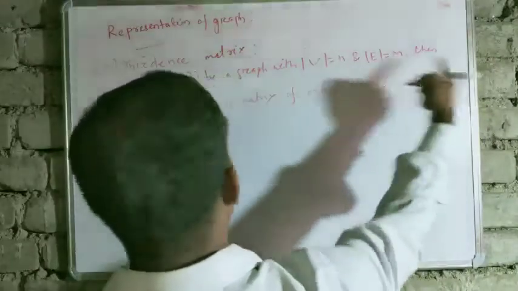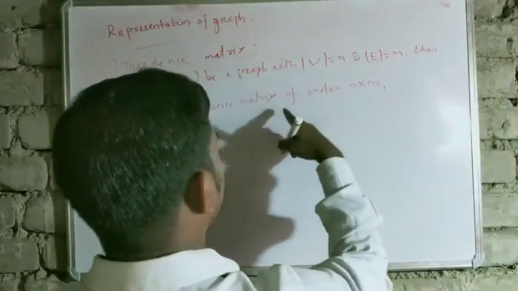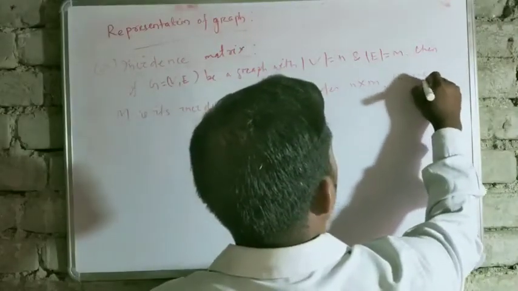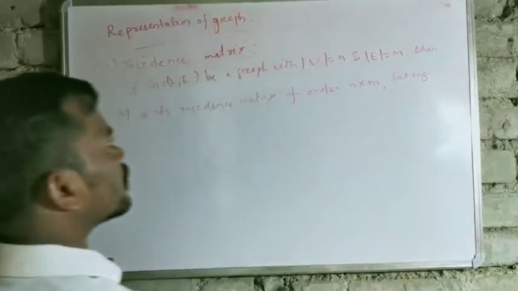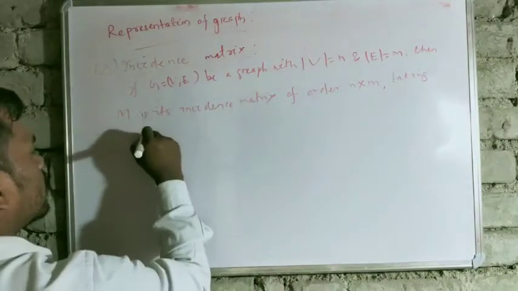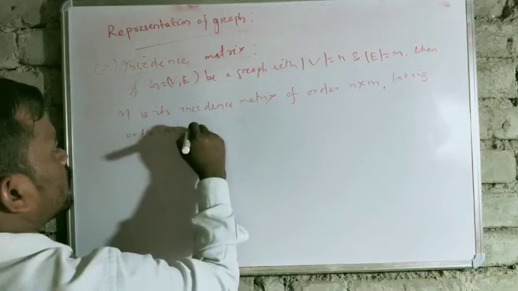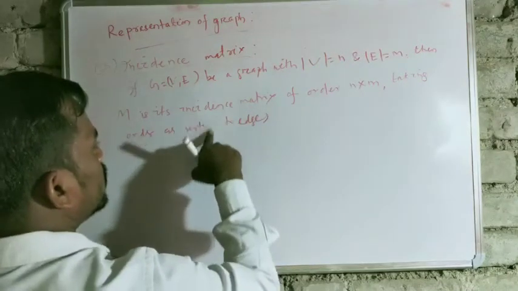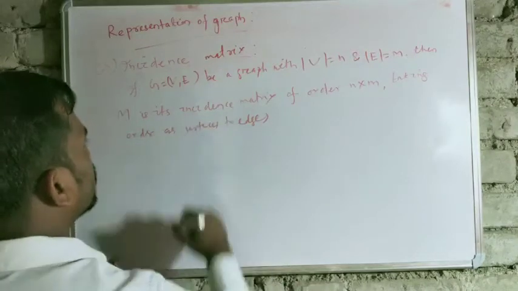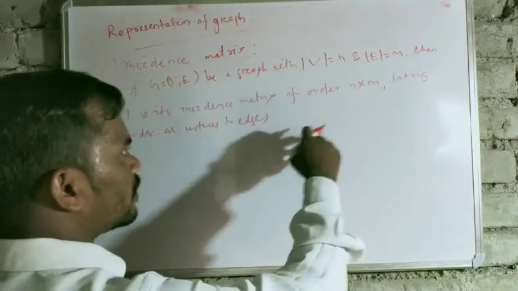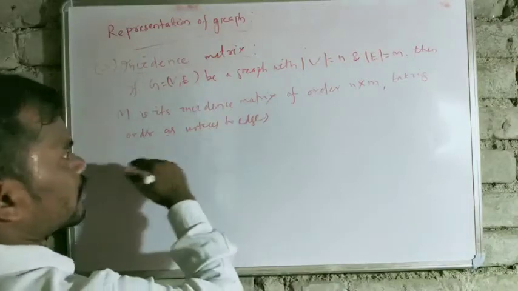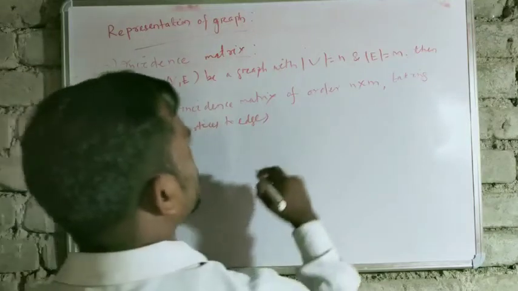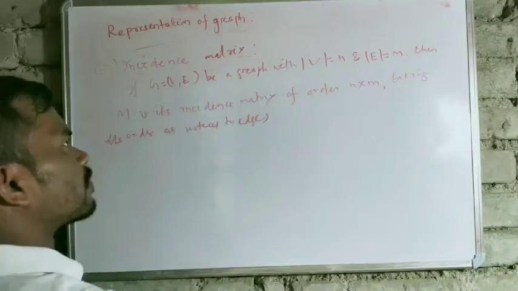Then M is its incidence matrix of order n cross m, taking the order as vertices to edges. So how will we define this M?